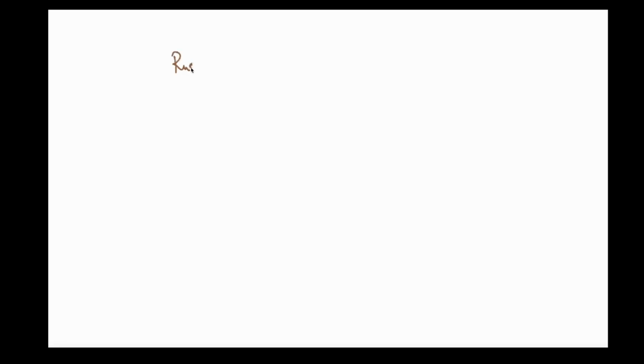Now, rusting of iron is a very good example where we can see a redox reaction taking place. Let me write the reaction. So iron reacts with oxygen present in the air, which is a gas, to form iron oxide.